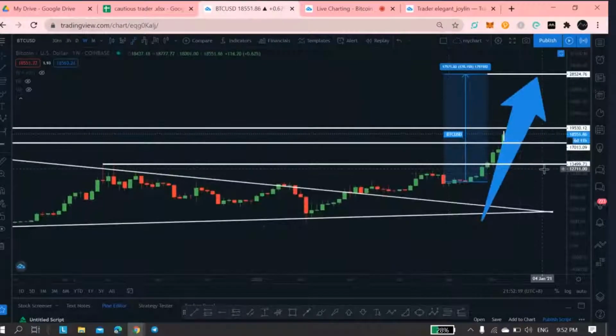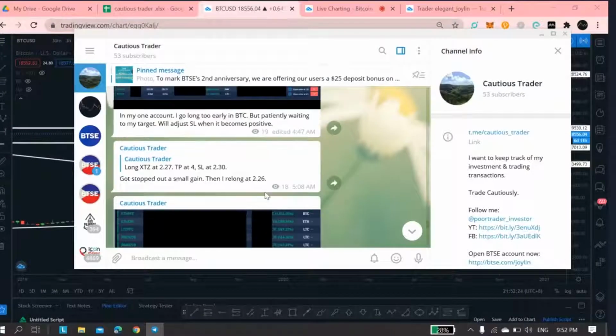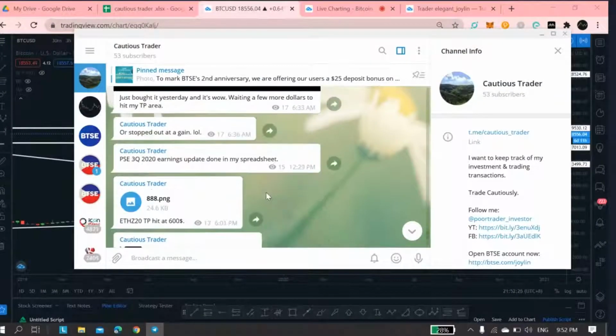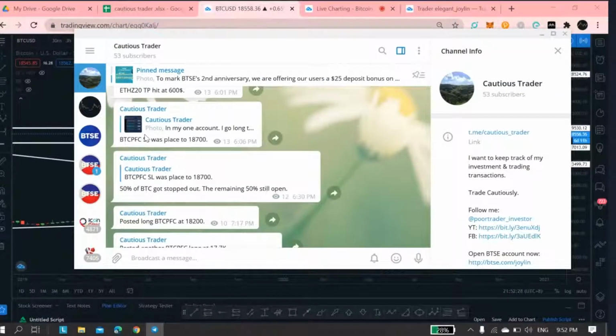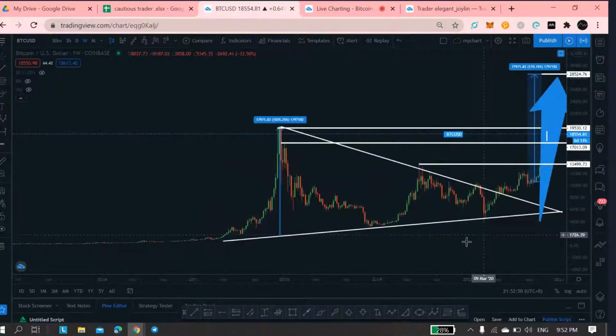However, at the moment, I got stopped out because it went up and I put stop loss at 18,700. So 50% of my position at 18,606 was done at 18,700, which is a slight gain. The remaining 50% are still open with a target area at 19,200.